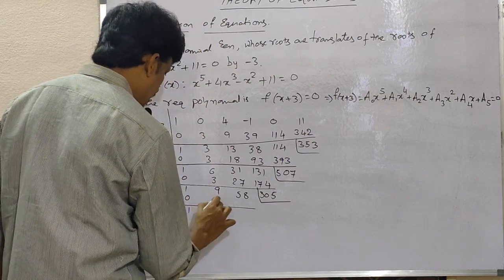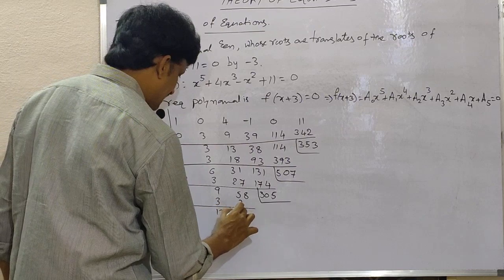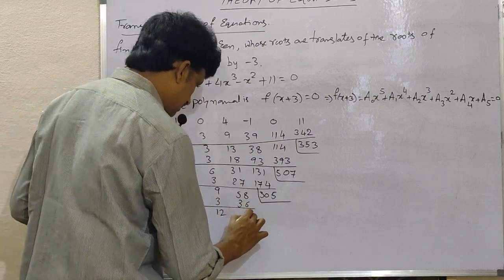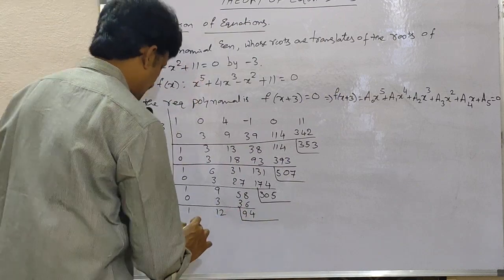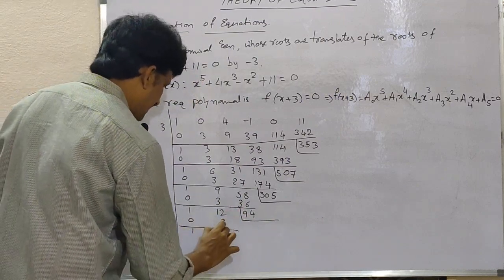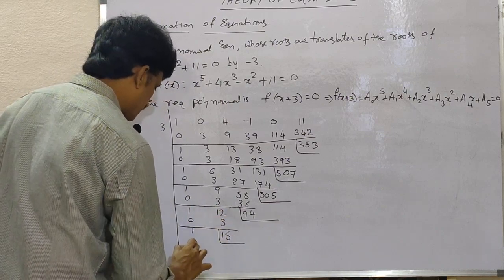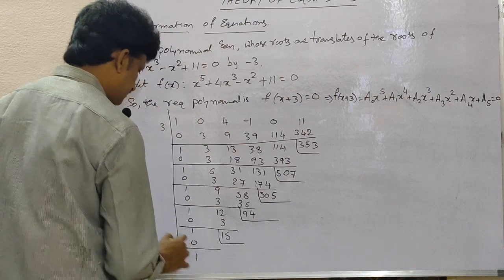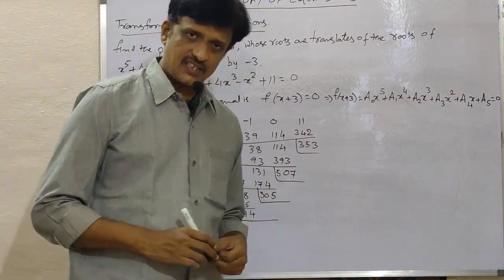Again 3 into 1, 3. 9 plus 3, 12. 3 into 12, 36, and 94. Again 3 into 1, 3. 12 plus 3, 15. Separate this one. Just observe the synthetic division here.